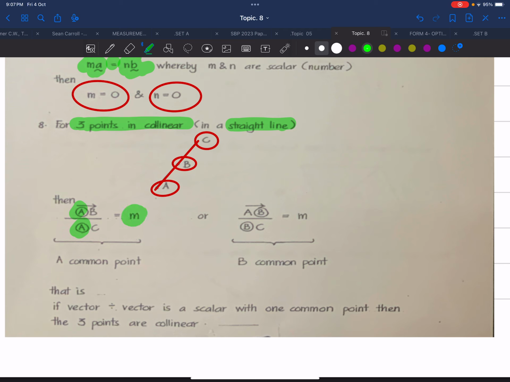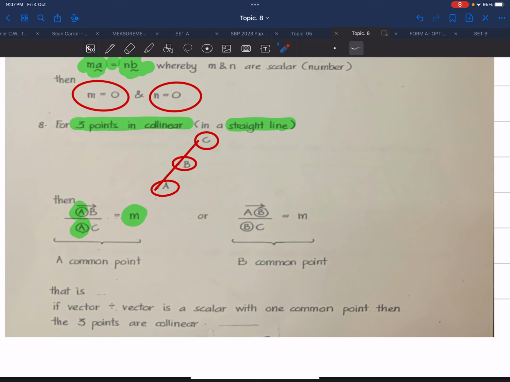So when 3 points are on a straight line, take any vector, divide by another vector. This is vector divide by vector with the common point. You see A, A, you'll get a number.